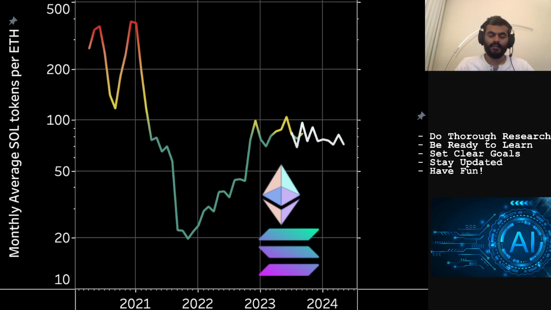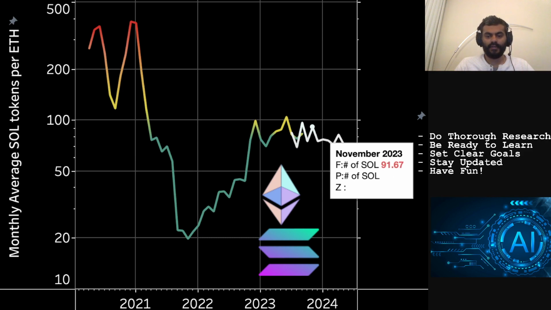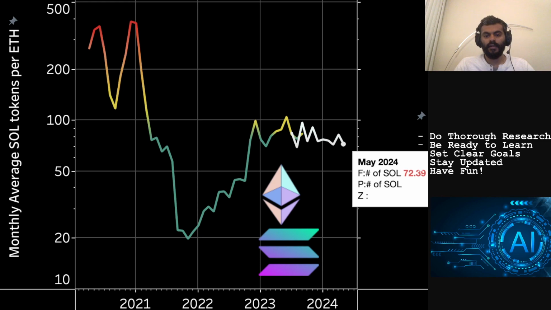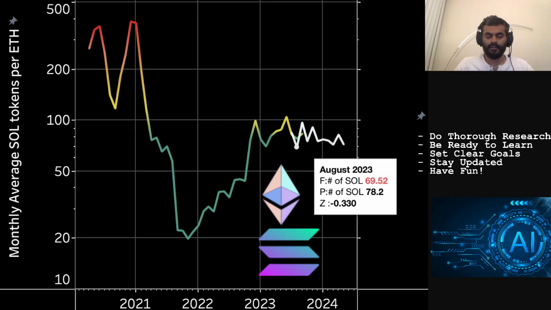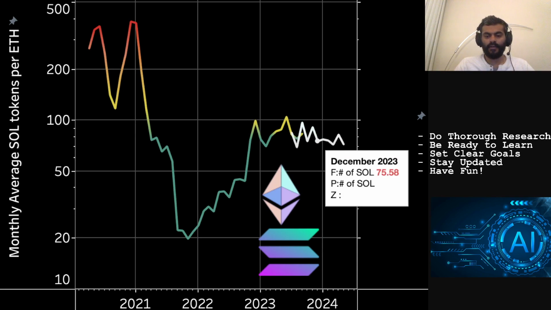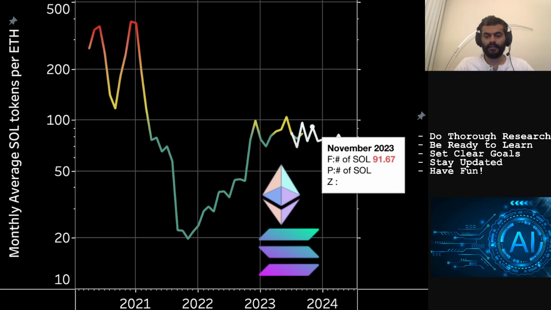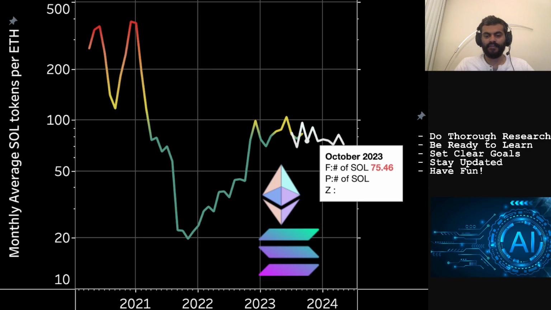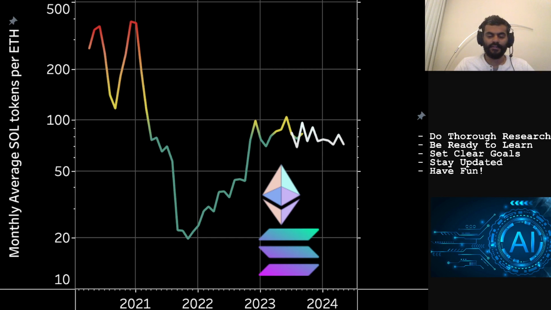So in short, the bear case is a series of lower highs for Ethereum against Sol, and also higher lows. So it is a shrinking range of the valuation of Sol per ETH, starting from October at around 75, and the highs are at around 91. It's a tighter range.